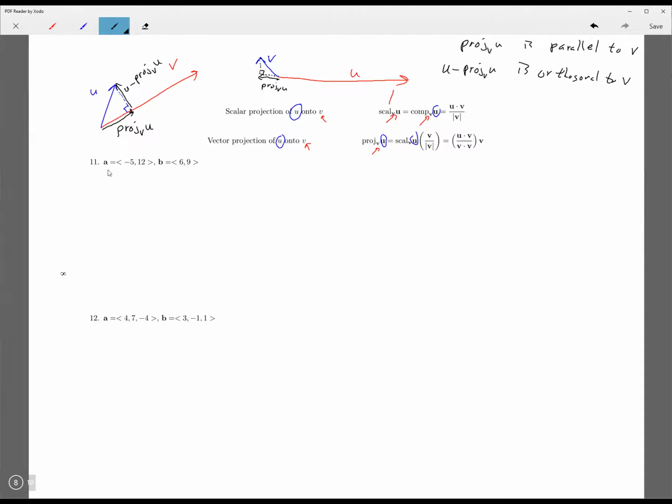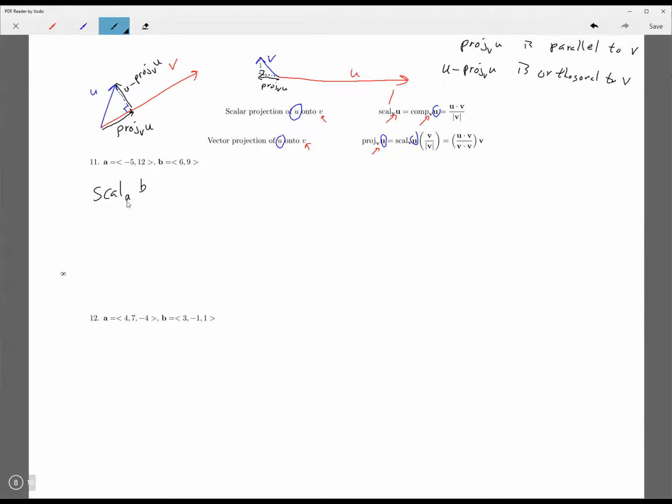Okay, so let's get to number 11. It says find the scalar and vector projections of b onto a. So the scalar projection of b onto a, that would be this one right here. The b goes there and the a goes there.